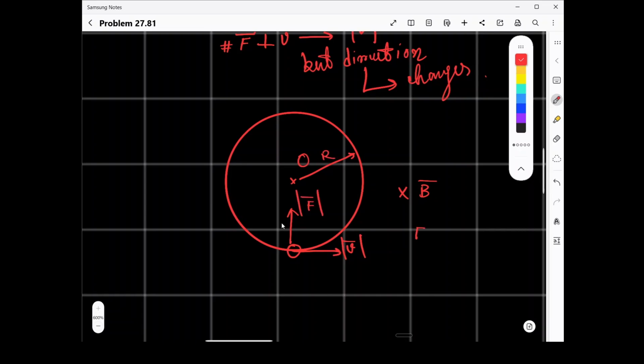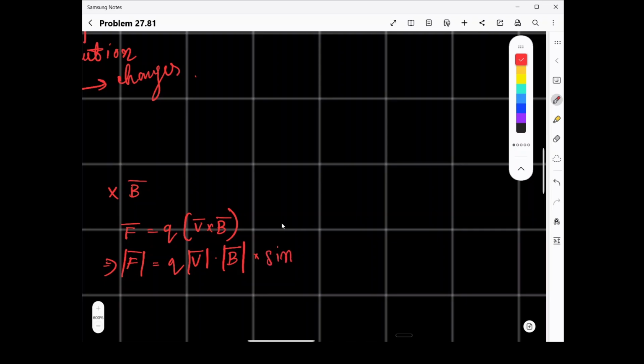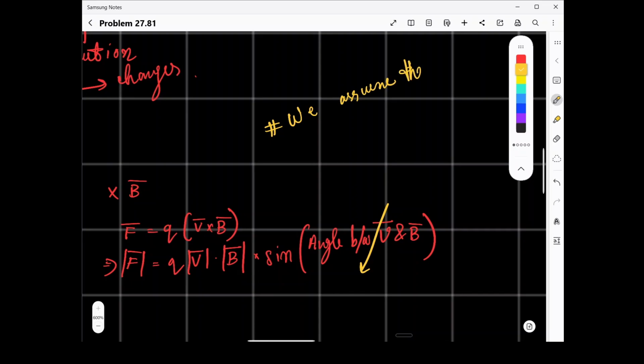So the F vector is q times v cross B. If we take the magnitude of the F vector, we can say that it is q times the magnitude of v into the magnitude of B into sine of the angle between the v vector and B vector, which is here pi by 2.